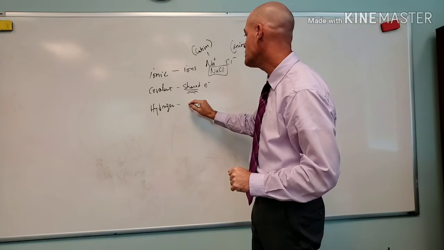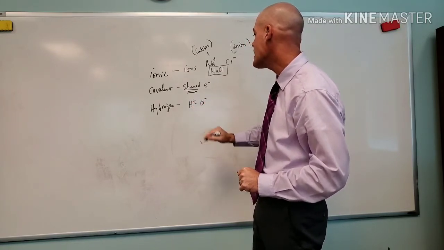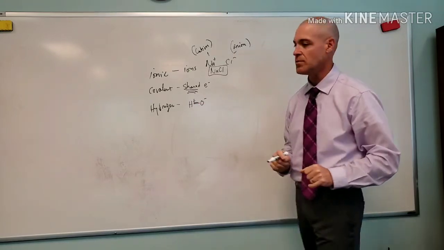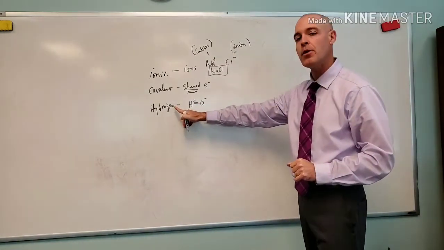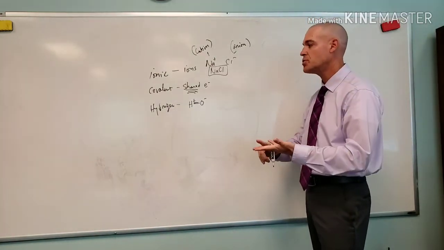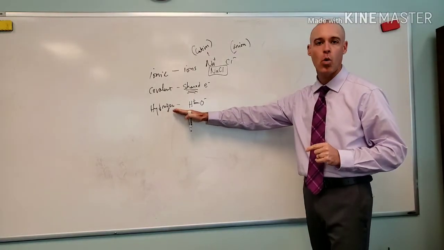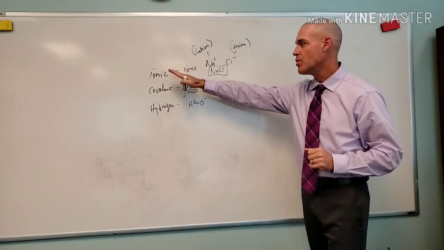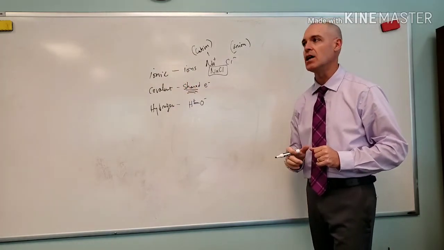A hydrogen bond is typically between a positive hydrogen and a slightly negative oxygen. Also a weak bond, but a very important bond in the body. We see it with proteins and with DNA. We also see these bonds with water molecules. So this is a very important bond as well. Again, these are the three main types of bonds that we're going to see in the body.